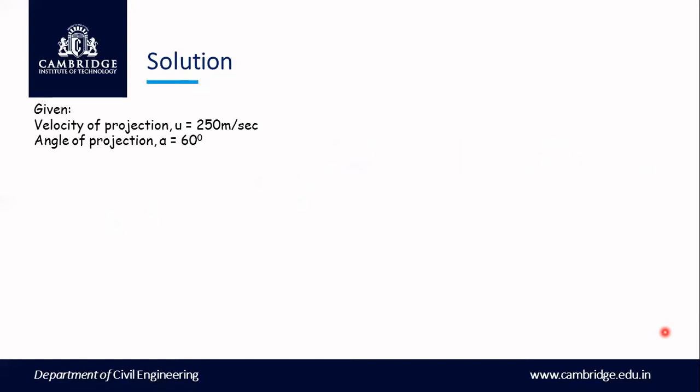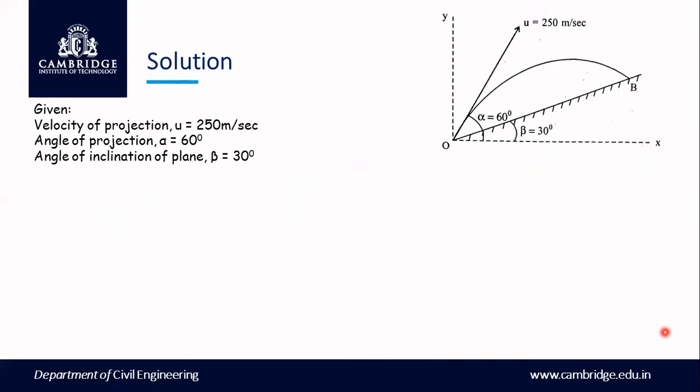And angle of projection alpha is given as 60 degree with respect to the horizontal. And angle of inclination of plane with respect to horizontal is given, that is beta is equal to 30 degree. Okay, the figure would look like this. So beta is positive here, and alpha is equal to 60 degree. You need to find out this OB, that is nothing but the range, and the time traveled by this.